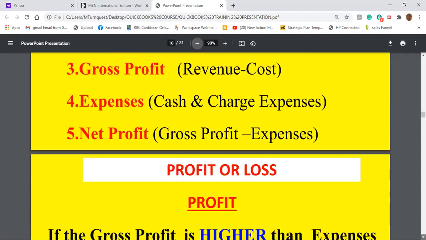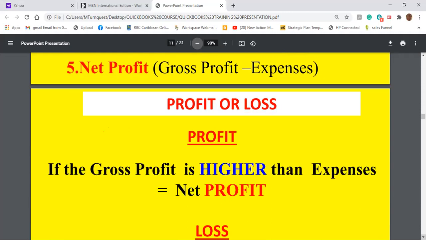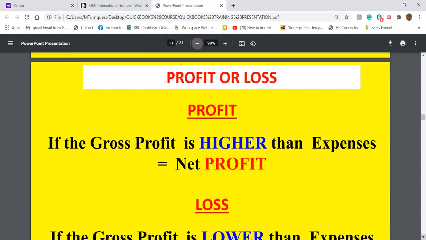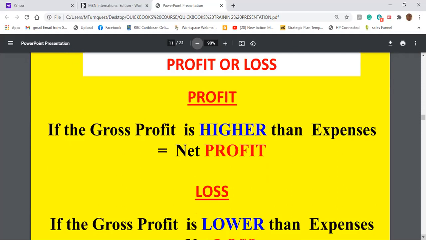Now, the real situation within a business is to ensure that your profit keeps on going and there's relatively no loss. The only way you can get a profit is if your gross profit is higher than those 20 expenses, which you can find in your training manual on page 23.